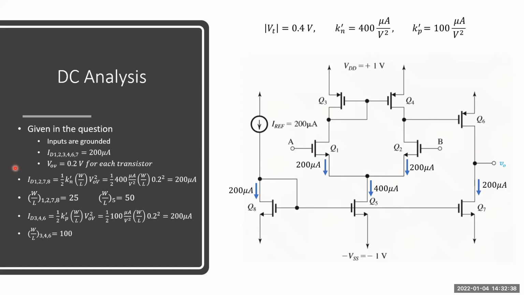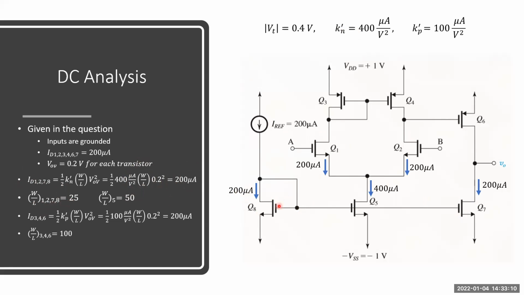It's valid for Q1, Q2, Q7 and Q6, because these are the NMOS transistors conducting 200 microamp. ID is 200 microamp, Kn prime is 400, V overdrive is 0.2 volt, and the only unknown variable is the W over L ratio here. And the W over L ratio for these transistors comes to 25.